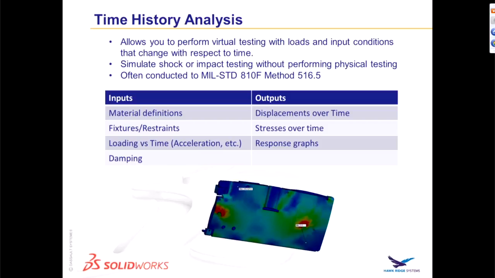So we'll be able to define that our product perhaps is mounted to a vehicle or is in a test sled that is being impacted into a wall and is experiencing a certain number of g-forces. And of course, out of that, we'll get stresses and displacements over time and response graphs, similar to what we just saw in the nonlinear study.